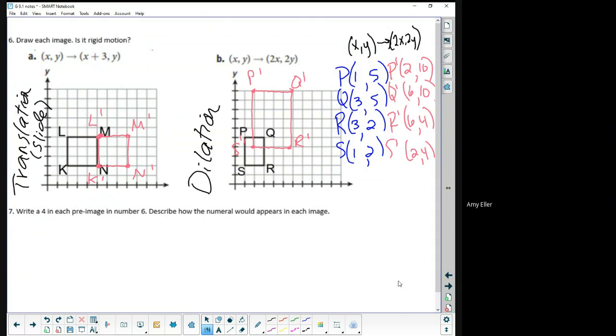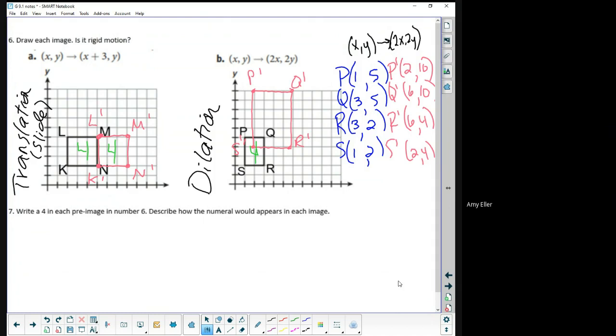Number 7, write a 4 in each pre-image in number 6. The pre-image is the original. Put a 4 in the original, in the pre-image. Describe how the number would appear in each image. Well, if I have a 4 here, and I put a 4 here, the only difference is the 4 is moved to the right 3.